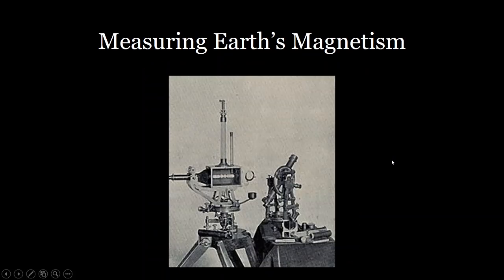So we have a number of ways of measuring Earth's magnetism and gaining more information about Earth's magnetic field and how it varies throughout our planet. And this is one of the earlier magnetic field measuring devices that was used in the World Wars.